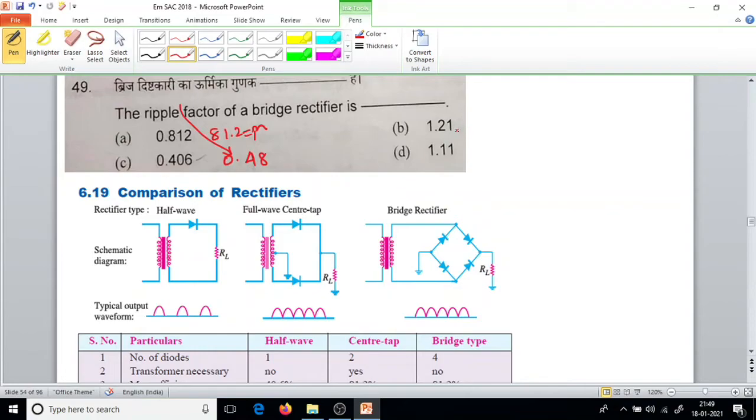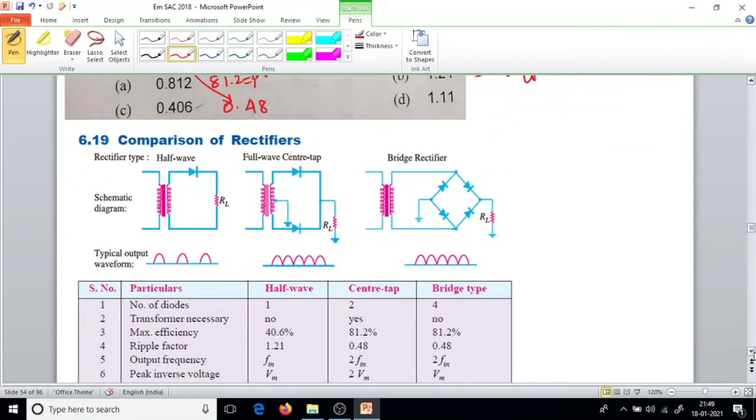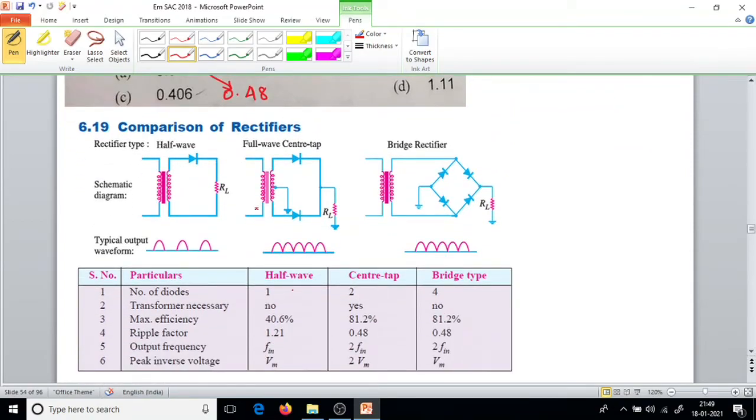And this is for half wave rectifier, it is 1.21. So here you can go through this table and you can learn it. Comparison between ripple factor. See here, it is given for a bridge type ripple factor equal to 0.48. For a full wave also 0.48.